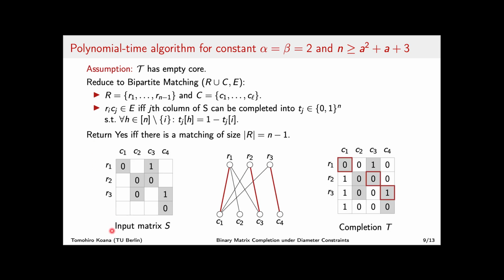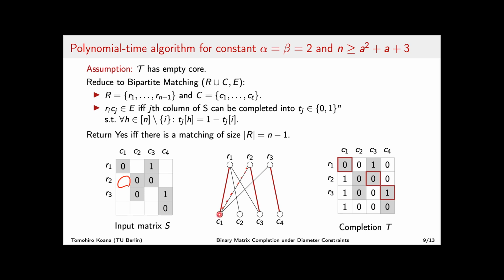So suppose that we are given input matrix S, and for instance consider this entry here. This entry is between the second row and first column, and there's an edge between C1 and R2, as you can see here.